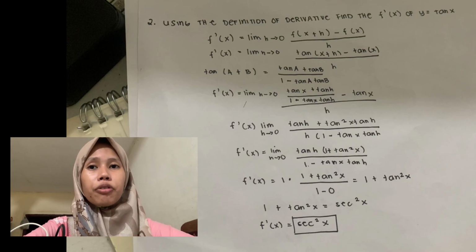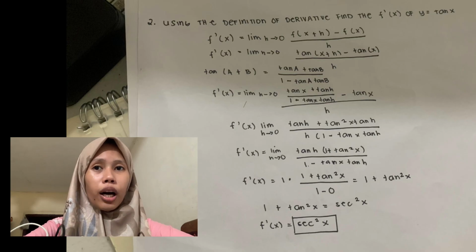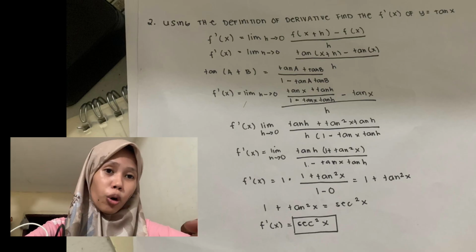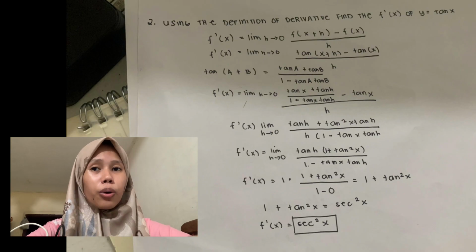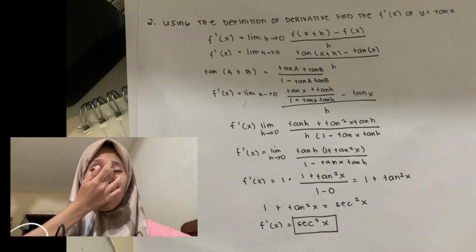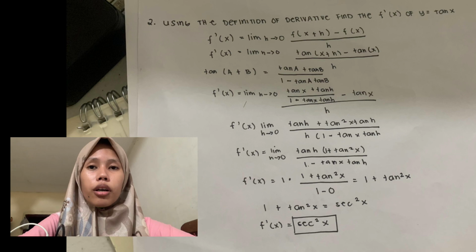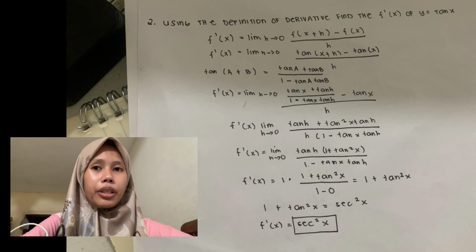After that, we will use the tangent addition formula. To recall the trigonometric identity, we have tan of a plus b is equal to tan a plus tan b over 1 minus tan a tan b.